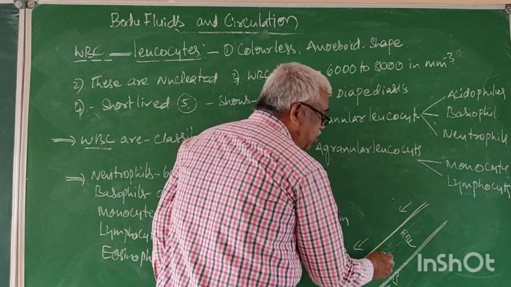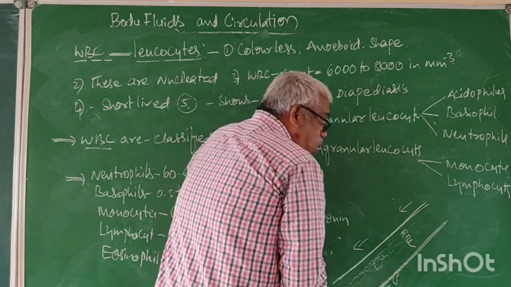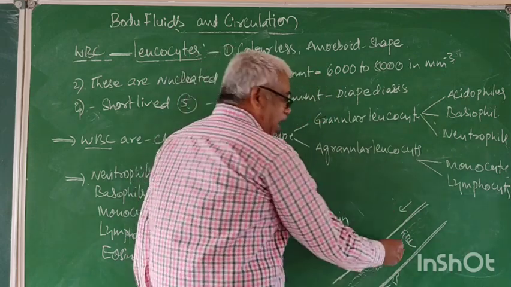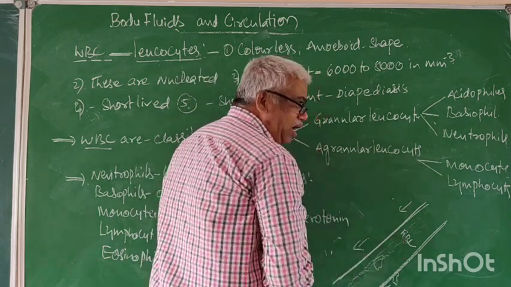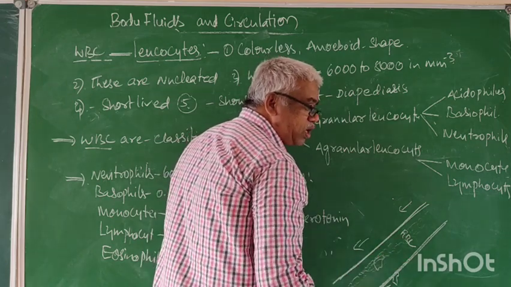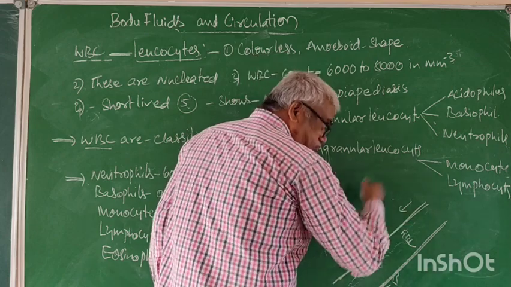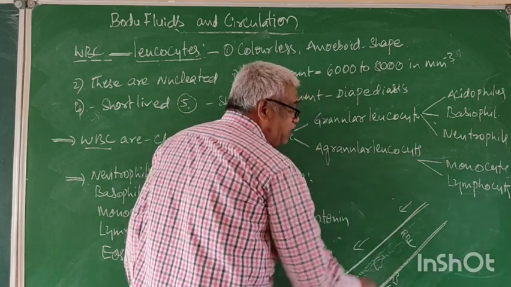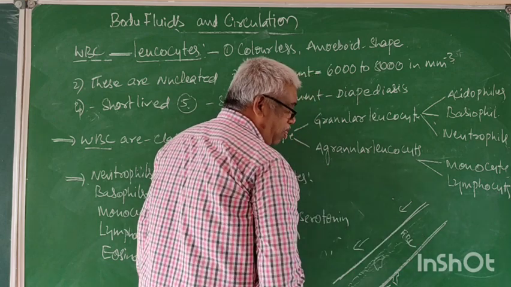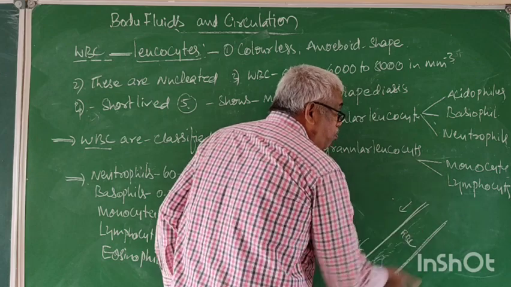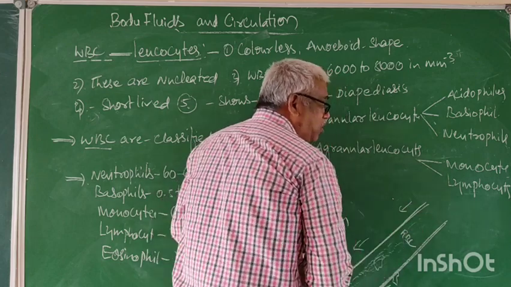But WBC can move against the pressure. That is the most important. RBC is not having pseudopodia. Hence, along with pressure, RBC is also circulated with plasma. But WBC can make opposite movement against the pressure.